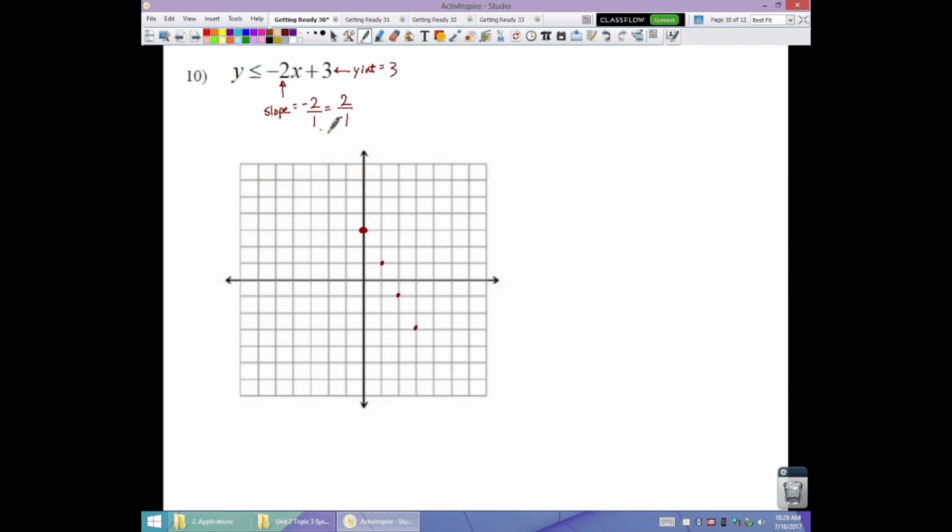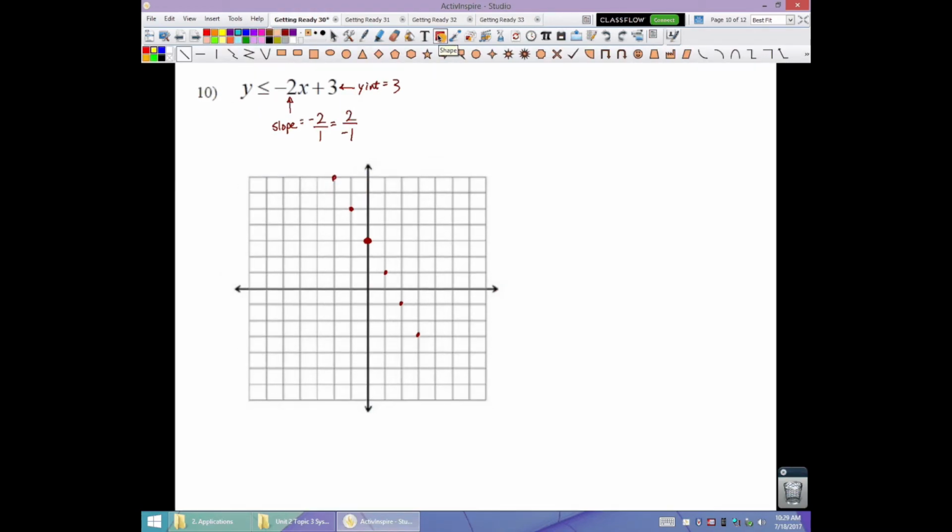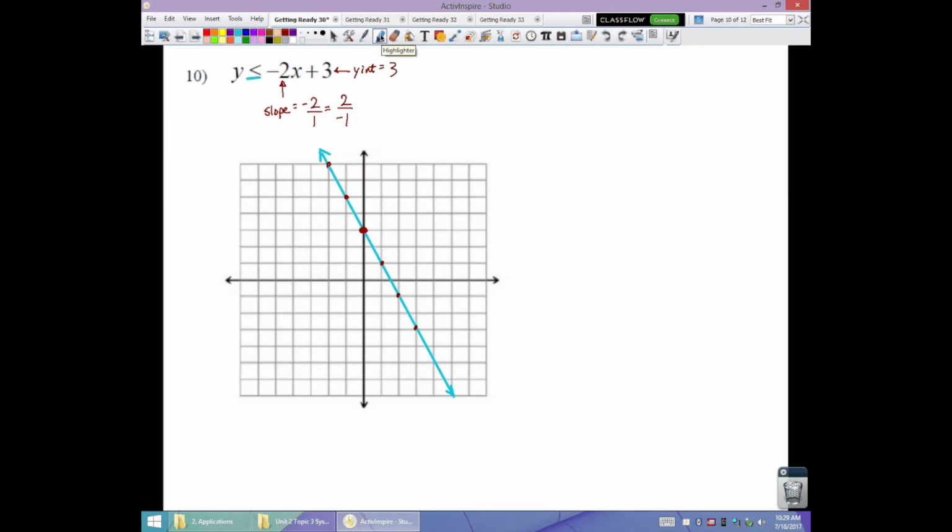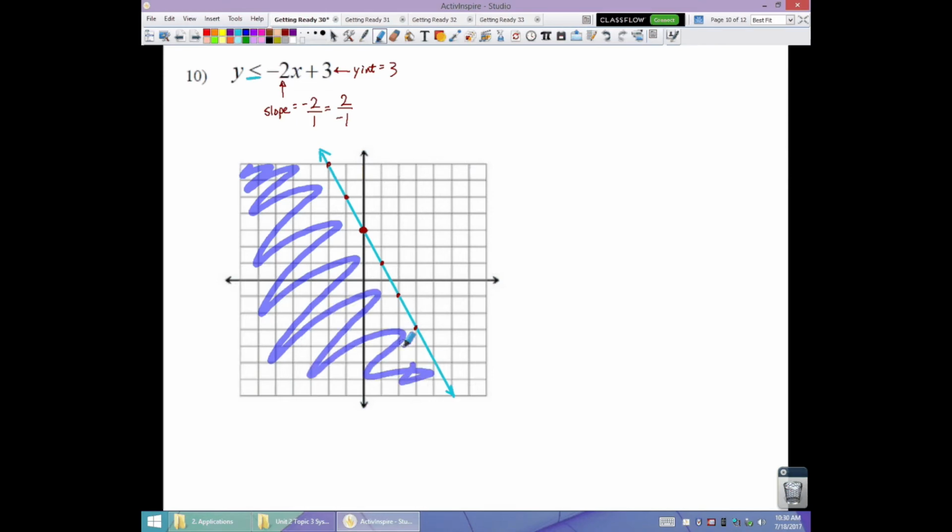They're both the same simplified answer of negative 2, which would tell me rise 2 and go 1 left. All right. Your line should be solid because it has the or equal to. And because it is less than, we can shade beneath the line, underneath.